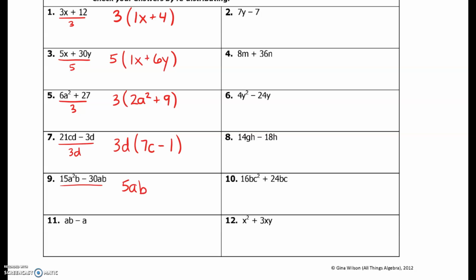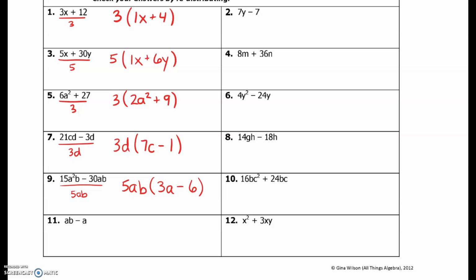As I divide both of these terms by 5AB, 15 divided by 5 is 3. 2 A's minus 1A leaves us with 1A, and the B's cancel. 30 divided by 5 is 6, and you'll notice in the second term the A's and B's will both cancel, leaving us with this as our final answer.